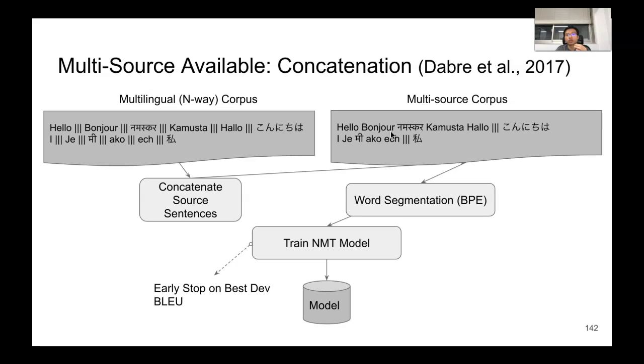So hello, bonjour, and etc. Let's say our target language now is Japanese, konnichiwa. We combine them together, and we train a vocabulary on this combined source and target corpus, and then train a system. So this is just simply concatenating the multi-source and doing multi-source translation.